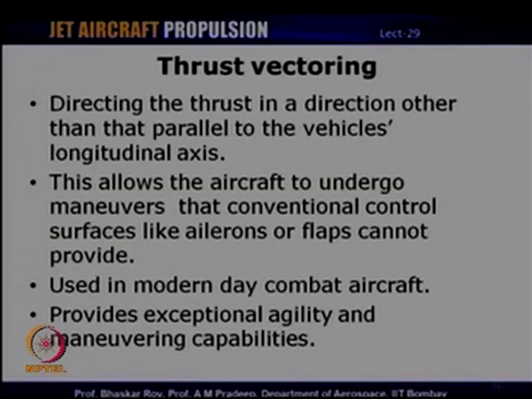It provides exceptional agility and maneuvering capabilities, which is an important aspect of modern day combat aircraft, that they should have very high levels of agility and maneuvering abilities, and that can be achieved using a vectored thrust.